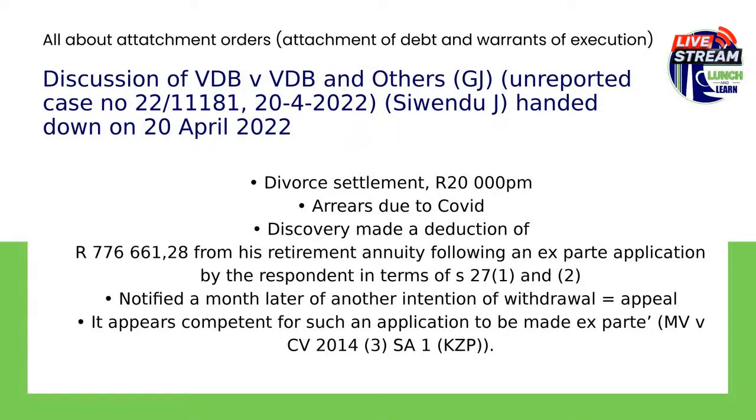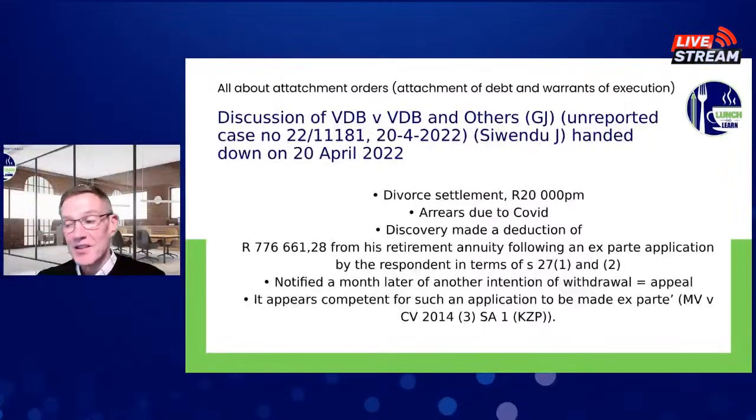So he only had first knowledge of that when he received a WhatsApp message or an SMS notification that an amount of nearly R750,000 was deducted from his retirement annuity or his policy that he held at Discovery. Obviously, he was not happy about that, and then he started falling in arrears again with the maintenance payments. And at that stage, he was in arrears by quite a huge amount.